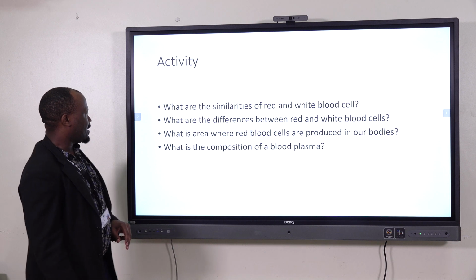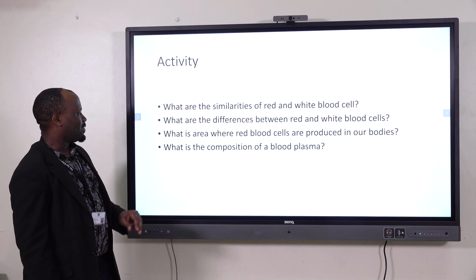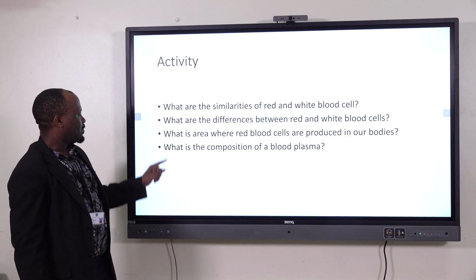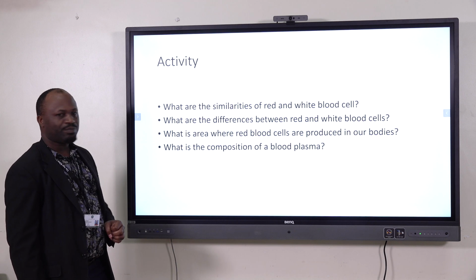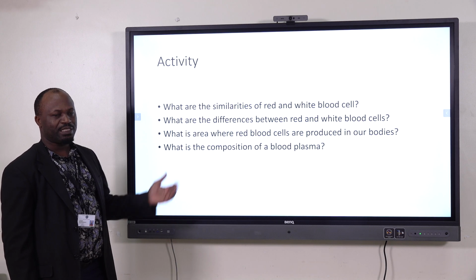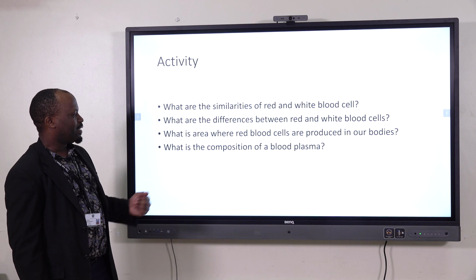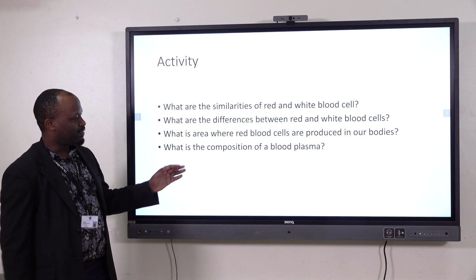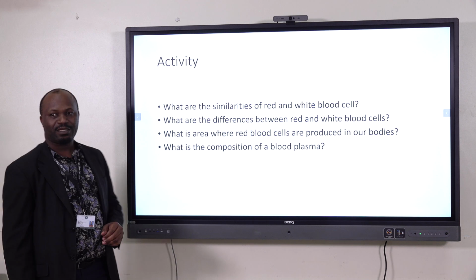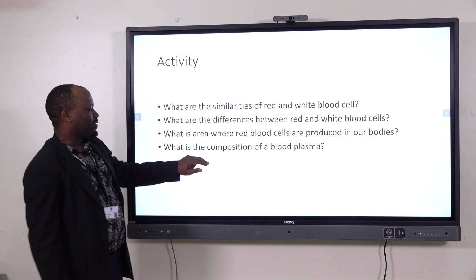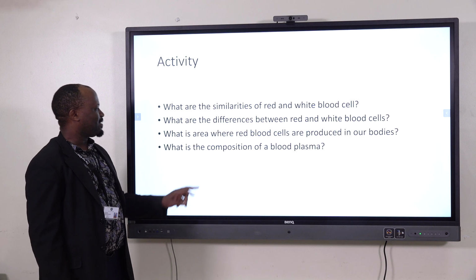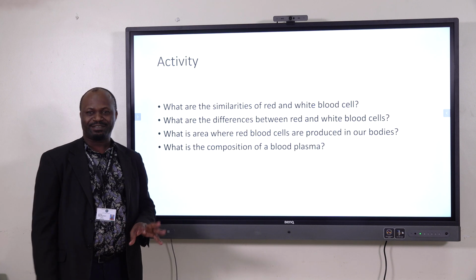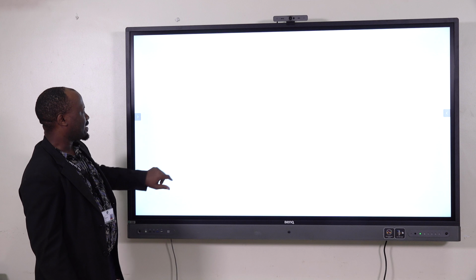Now we have another composition: the composition of blood plasma, which has a milky whitish coloration, which shows it has a lot of other things rather than water. You are going to sit in groups and discuss that in 5 minutes, and then we'll offer the feedback.